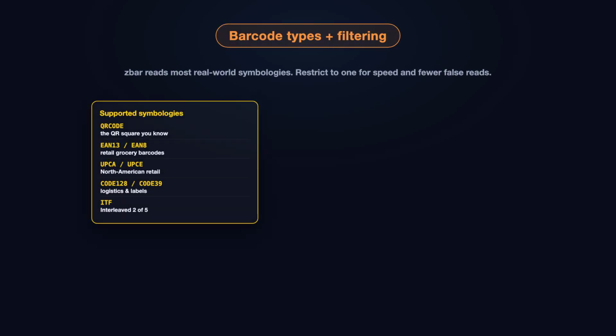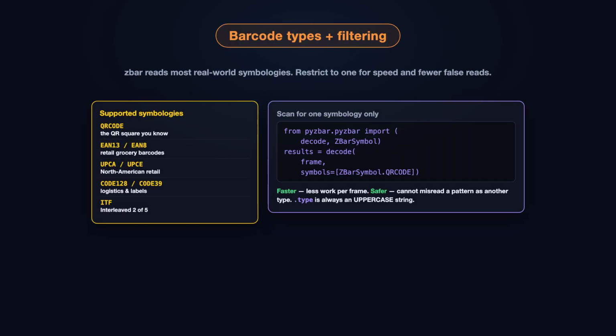So what can pyzbar actually read? Quite a lot, because zbar underneath supports most of the barcode symbologies you will meet in the real world. QR codes, obviously. Then the retail family, EAN13 and EAN8, the barcodes on almost every grocery product, and UPCA and UPCE, common in North America.